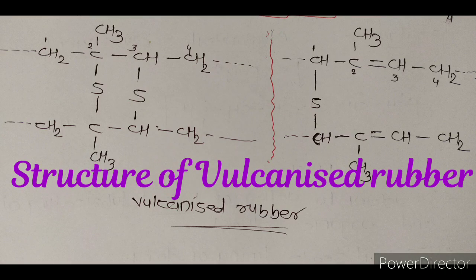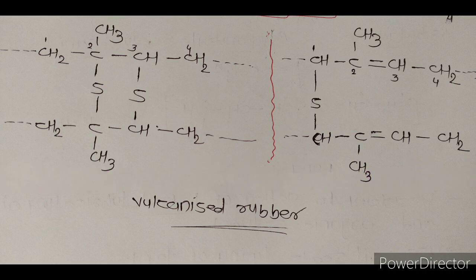For the structure of vulcanized rubber, we have to remember 2-methyl-1,3-butadiene monomer. In this case, all the double bonds present in 2-methyl-1,3-butadiene are converting into single bonds, and sulfur is bound with carbon 2 and carbon 3.